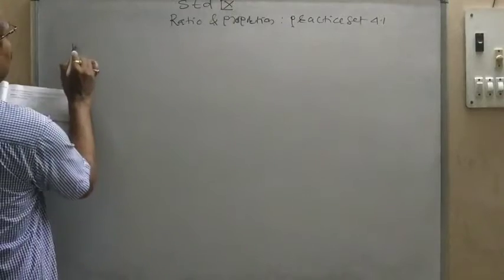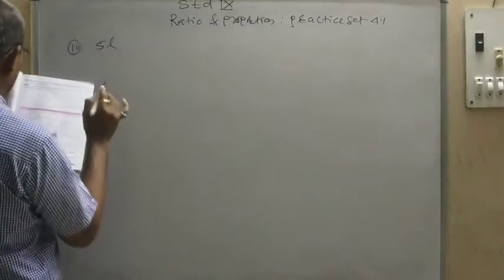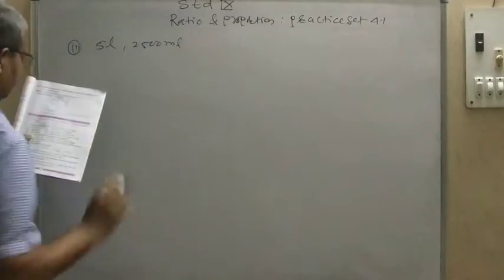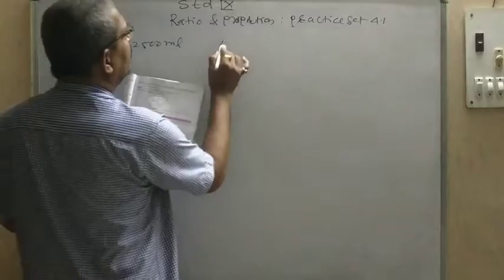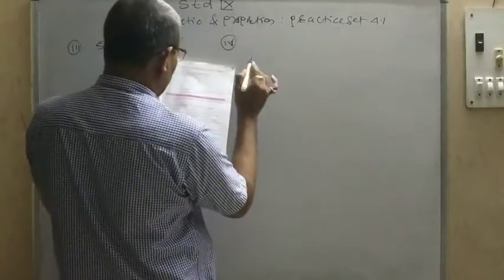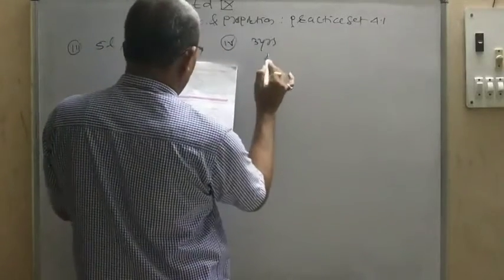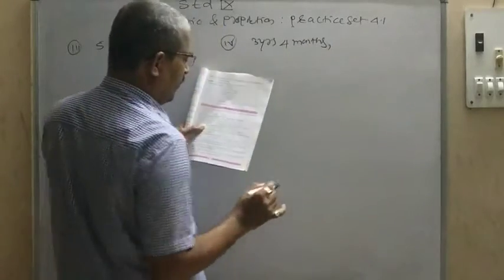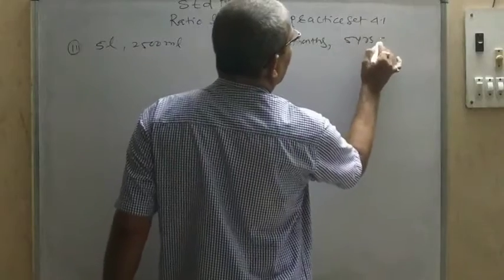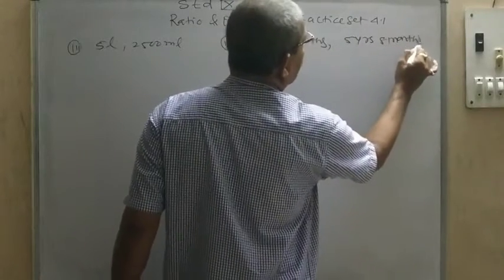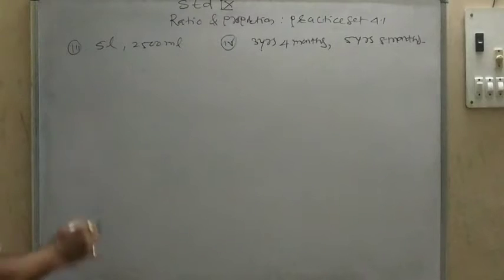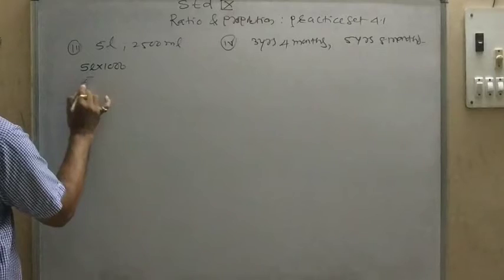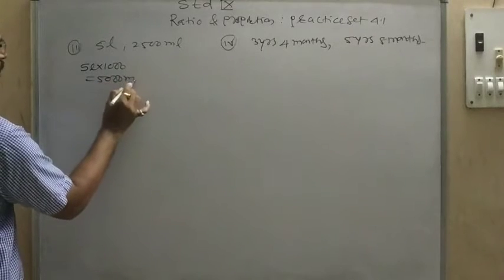Now the third question is 5 liter and 2500 ml. Again the fourth one is there. Here there is a variety of questions, so taking 3 years 4 months and 5 years 8 months. Now here 5 liter means 5 liter into 1000 means you will get 5000 ml.